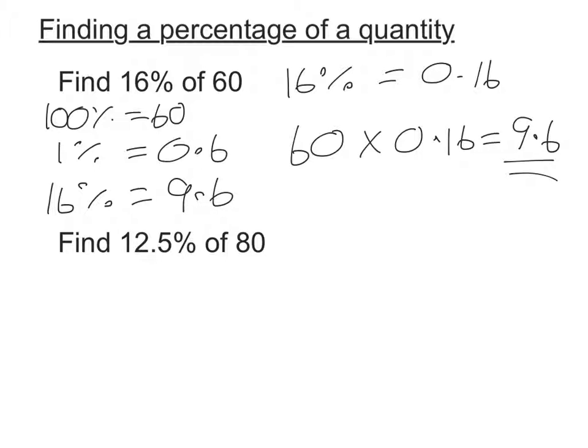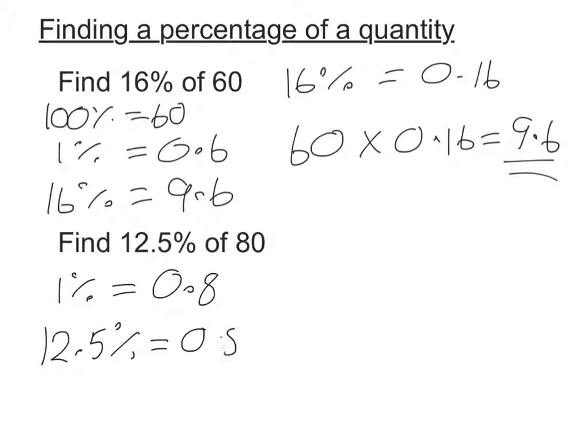Okay, so you may have used method 1 or you may have used method 2. As I said, I would encourage method 2. If you used method 1, you'll have found 1% by dividing by 100, so getting 0.8. And then you'd have found 12.5% by timesing 0.8 by 12.5, which gives you a value of 10.